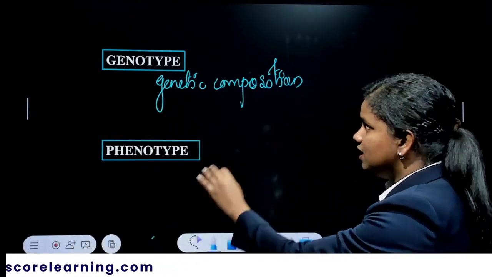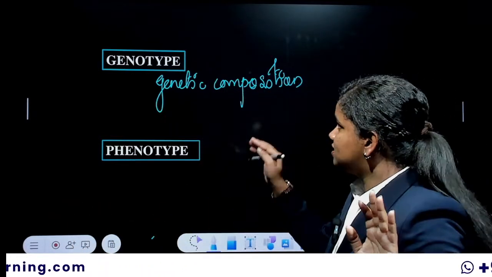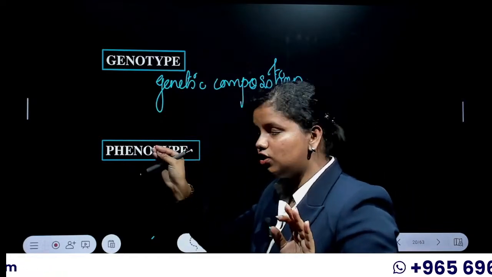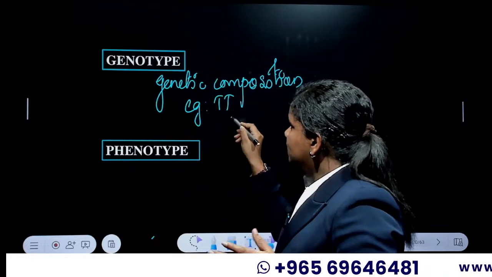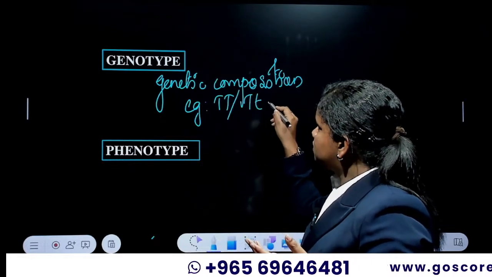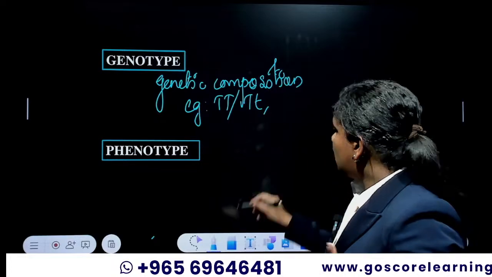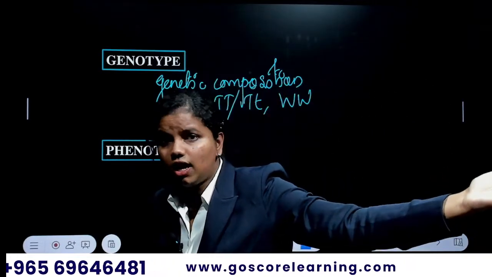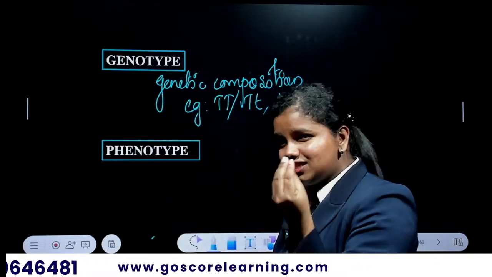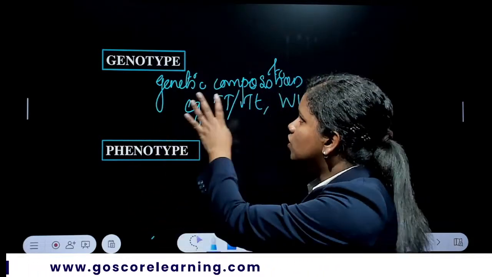The genetic composition of an organism is what you call a genotype. An example for a genotype: if it is a tall plant, capital T, or capital T small t, maybe capital W for white color of a flower. The genetic composition is what we call genotype.